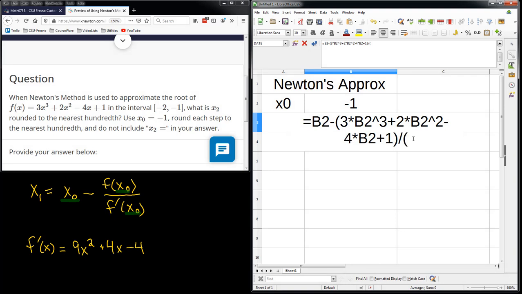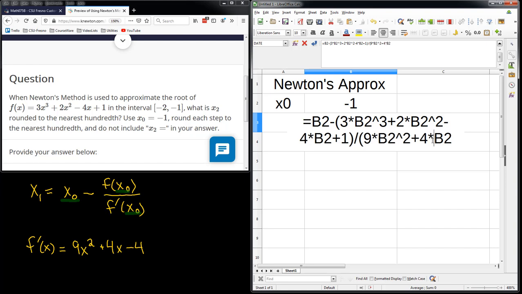Again, instead of typing x's or x0s, I'm going to type in b2. So it's 9 times b2 squared plus 4 times b2. Oh, wait a minute. Make sure to use a multiplication sign, because if you don't, the spreadsheet is going to think this is some sort of cell reference and get confused.